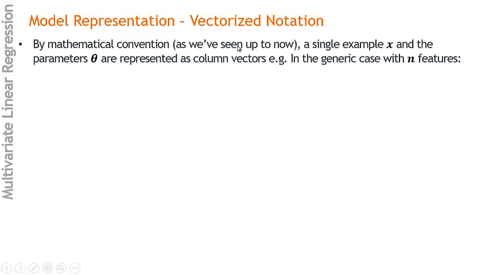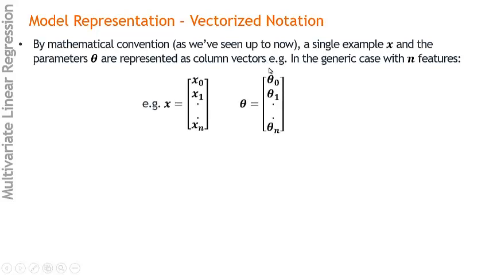By mathematical convention, as we've seen up to now, a single example x and the parameters theta are represented as column vectors. So in the general case with n features, we represent x in this way. Now we actually have n plus 1 components, right, because we have the x0 component.